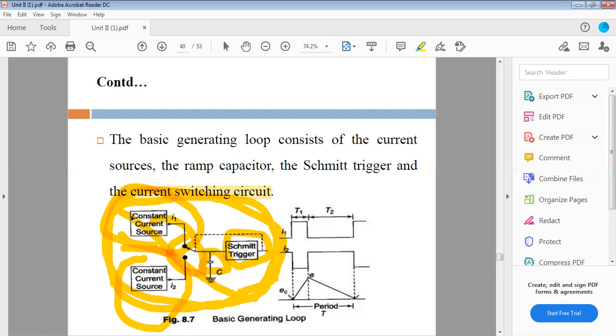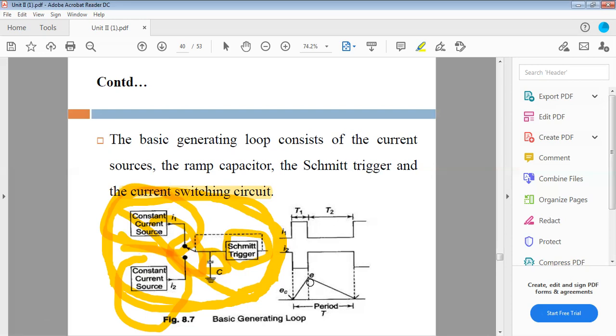Whenever the upper constant current source is connected to the ramp capacitor by the switching circuit, the capacitor starts charging and produces a positive peak voltage.